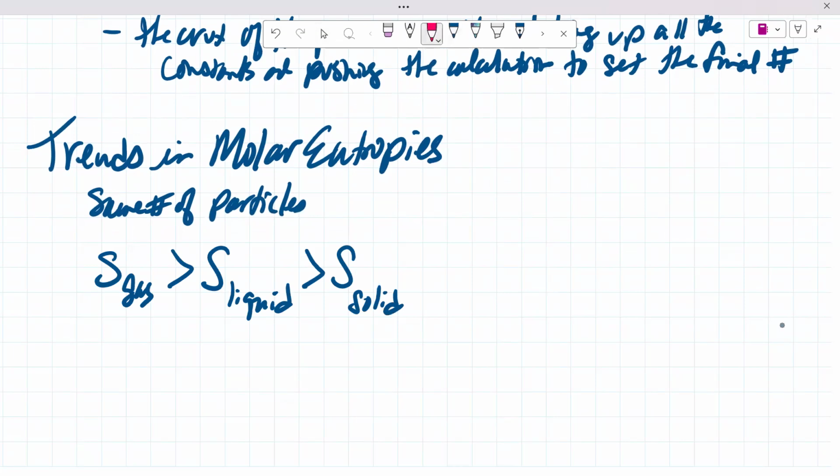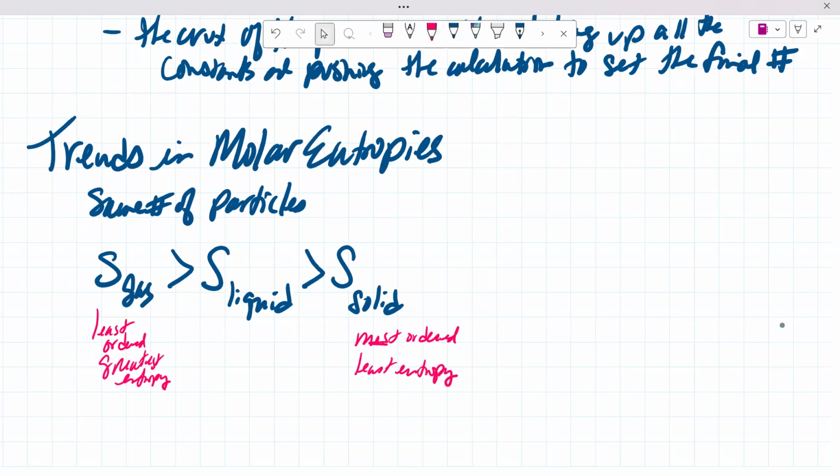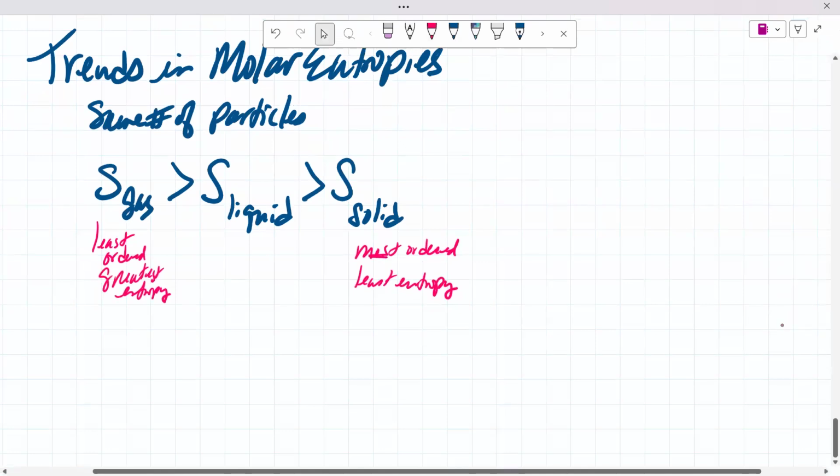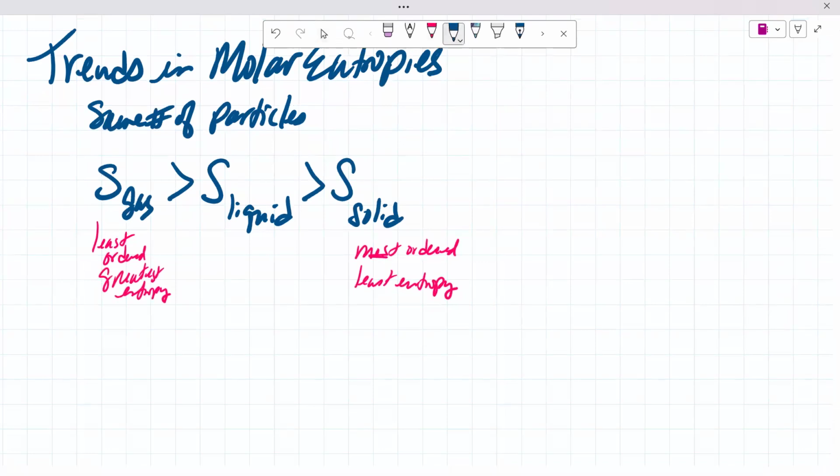So in other words, this is the least ordered, and this is the most ordered. You have the greatest entropy here, and this has the least entropy. But why does this happen? Due to the level of translational freedom.